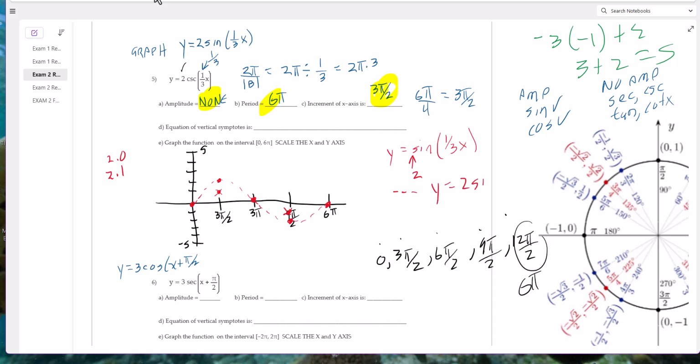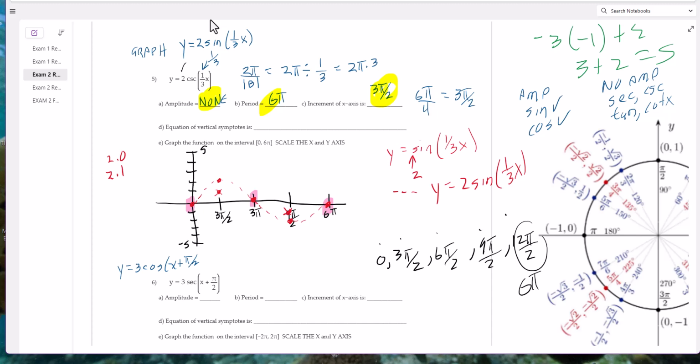Okay, now the asymptotes occur at the midpoints. Not x-intercepts. Don't think of it that way. It's at the midpoints, the midpoint just meaning halfway between the max and min. You have a max of 2, a min of -2, 0 is the midpoint.